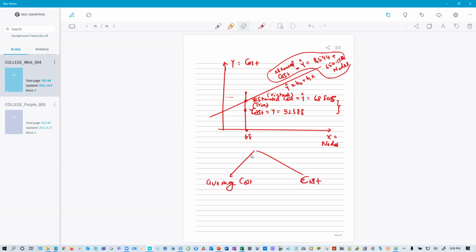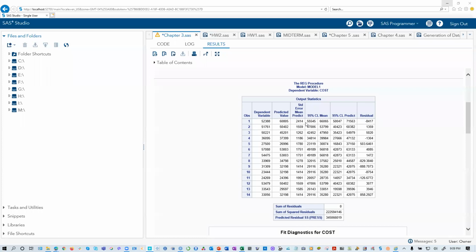What are you looking for there? You're looking for the confidence interval for this one and the confidence interval for this one. They are both done through the estimated cost. You need the average cost, you need the cost. Those are the things that I have written over here.